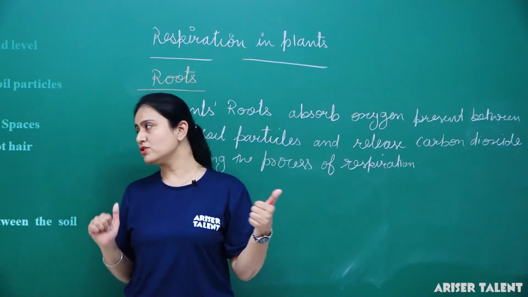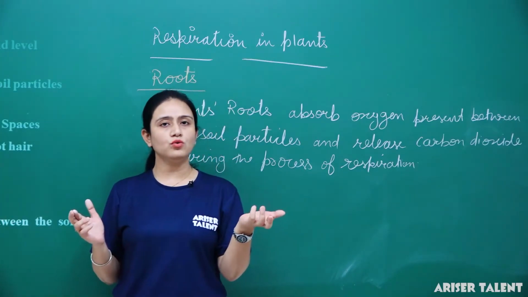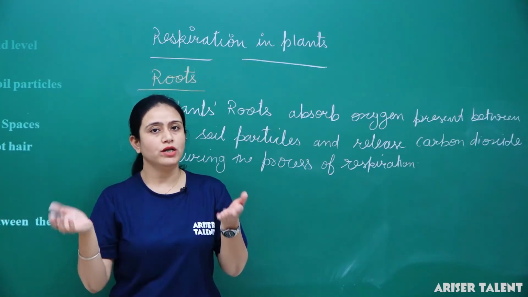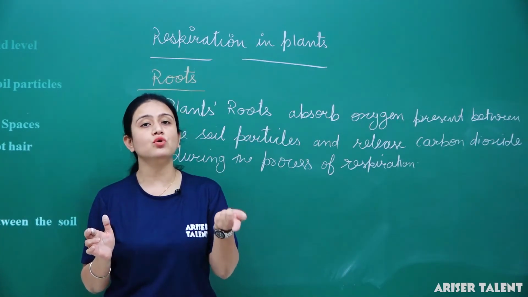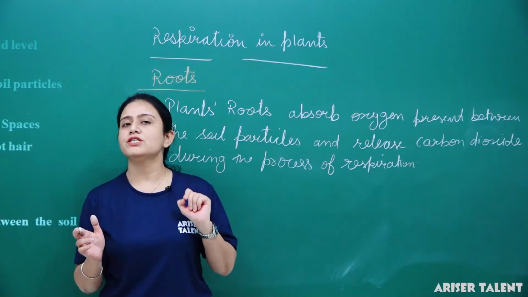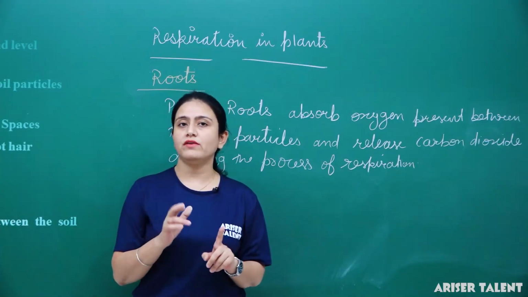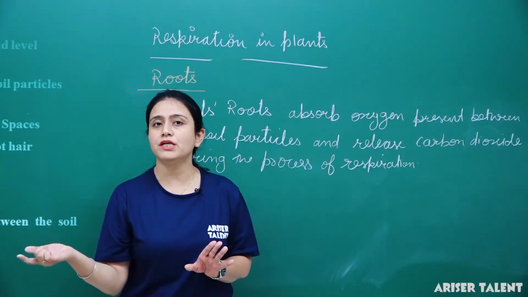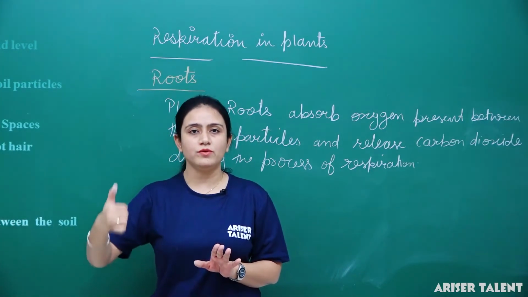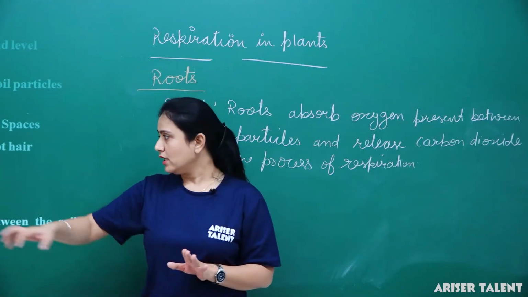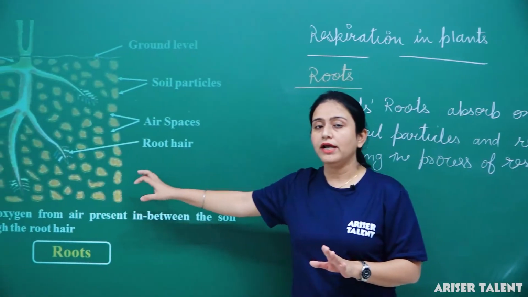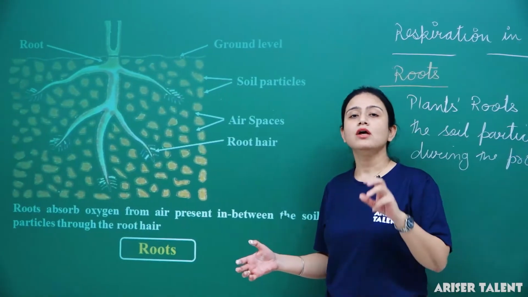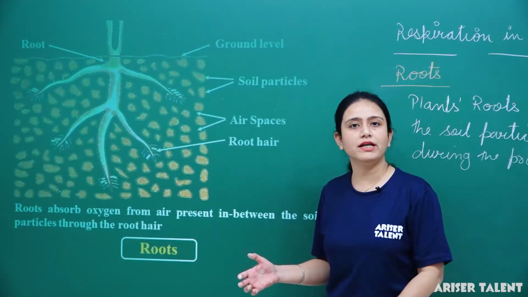And if we talk about the general plants, they have roots, the part under the ground, and the shoot, the part above the ground, and in the shoot they have leaves to do the process of respiration and photosynthesis. So the stomata of the leaves help in the process of respiration, and the part of the plant which is inside the soil absorbs the oxygen from the soil particles and then releases the carbon dioxide there itself.